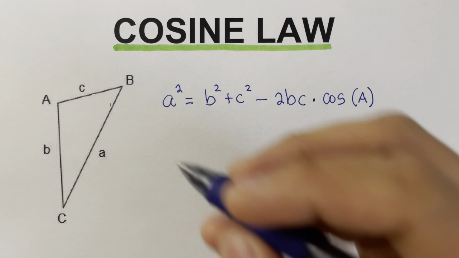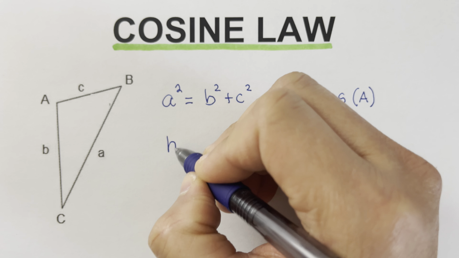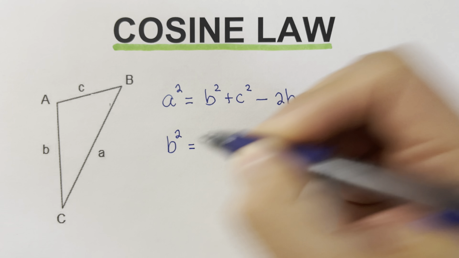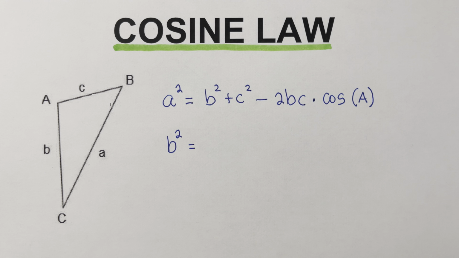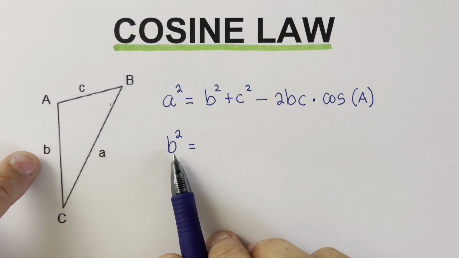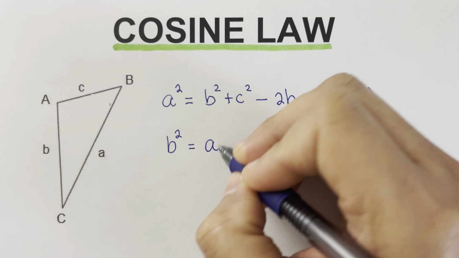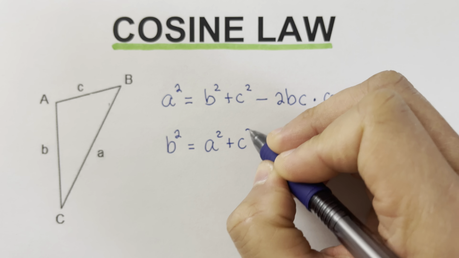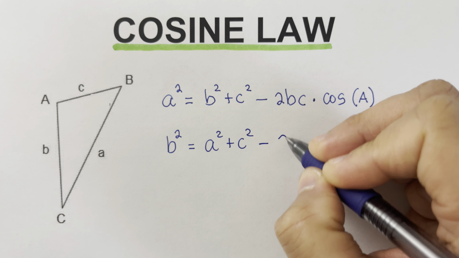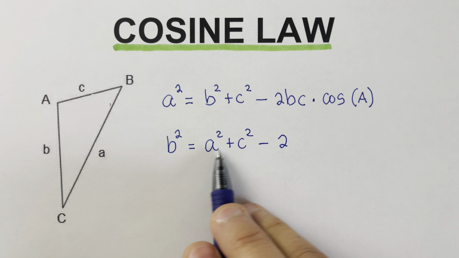So this is how we solve for a squared. Now we can also determine the formula for b squared. We always remember that we equal this to the sum of the squares of the remaining sides. The remaining sides are a and c, so that's a squared plus c squared, minus 2 times the product of these two.